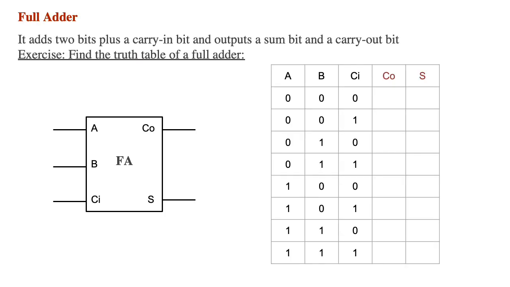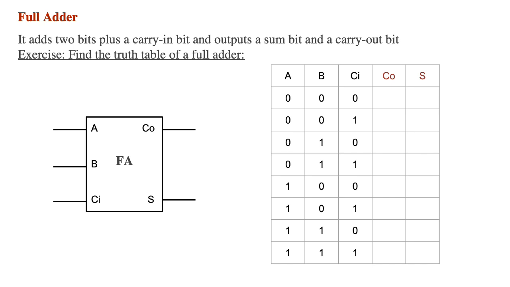The full adder, like I mentioned earlier, is the basic building block for a parallel adder. Its purpose is to add 2 bits together plus 1 carry-in bit. Just like how you do normal addition in math, when you have 2 numbers you're interested in adding, sometimes there is a carry out, and the carry out is always going to be the carry-in of the previous addition.